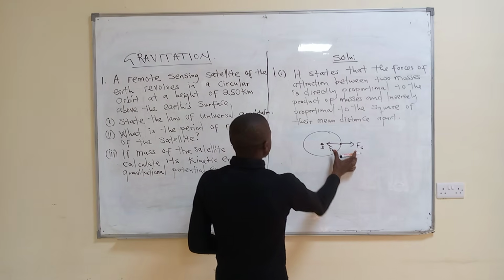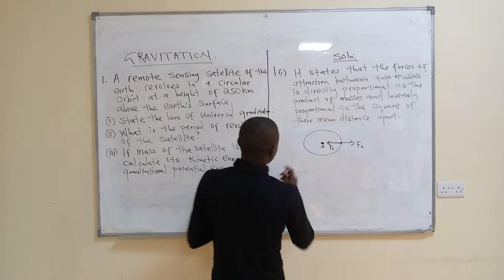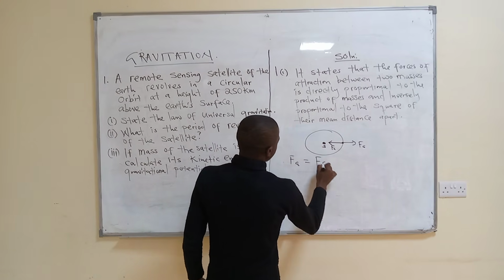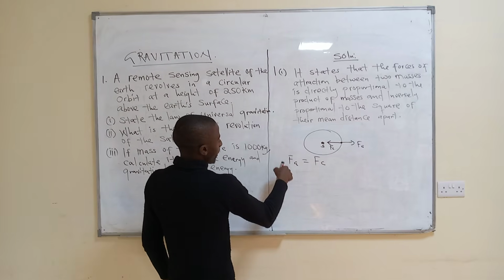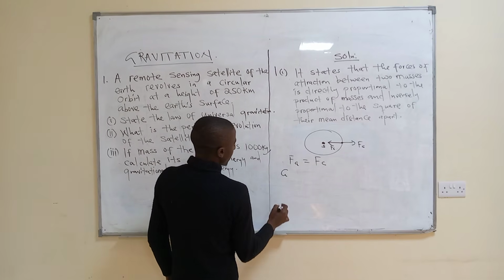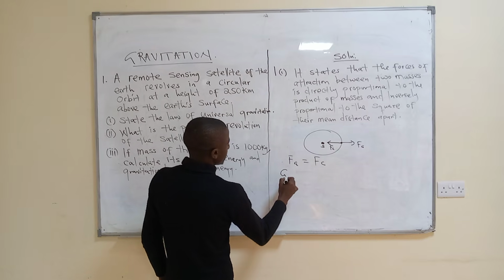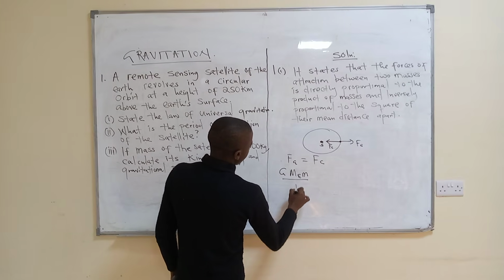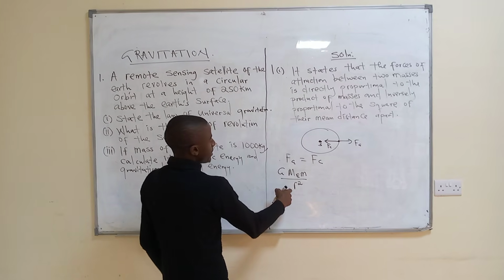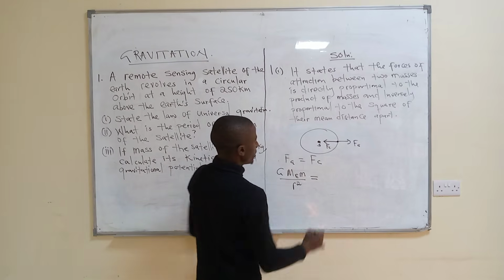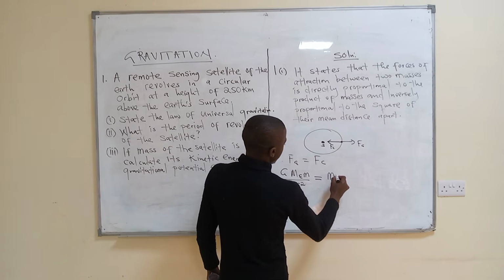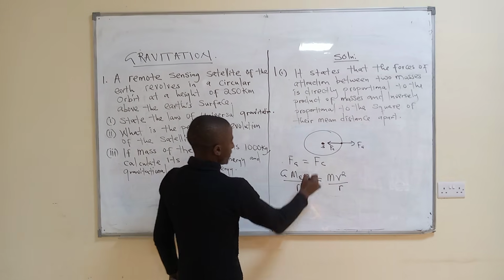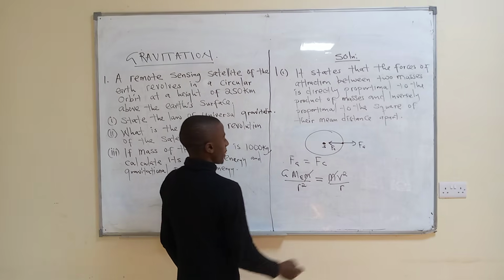Now let's equate this. Fg is equal to Fc. So the gravitational formula, that is the universal gravitational constant multiplied by mass of the Earth and mass, over the square of their mean distance, is equal to the centripetal force, that is mv squared over r. So this mass and that mass will cancel.